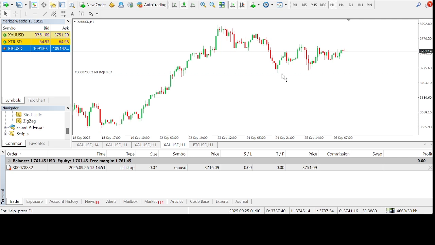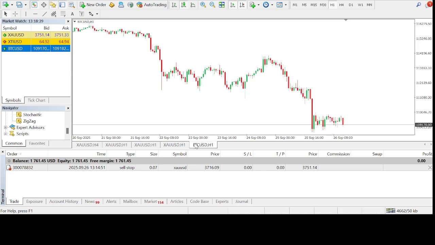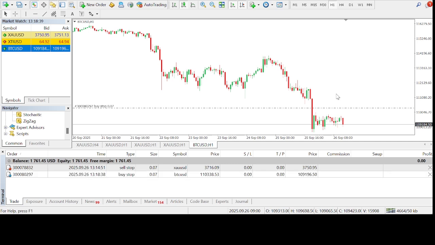Something else I'm going to cover, I'm still covering stop entry orders. We have the sell stop order and then we have the buy stop order. What is a buy stop order? Here, that's where you come and place your buy stop order. Already you have identified, like for this Bitcoin, you're going to come here.